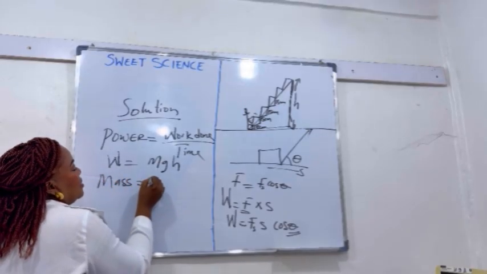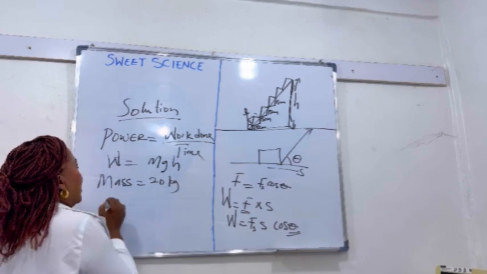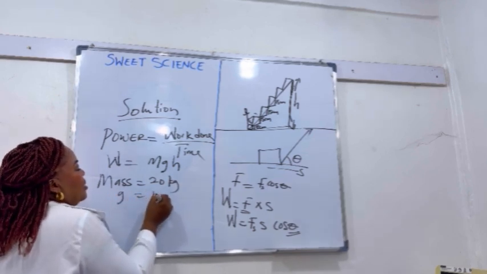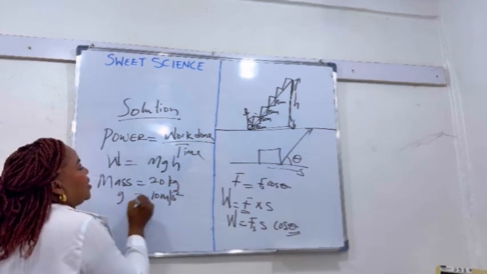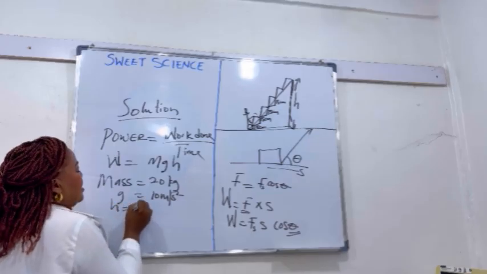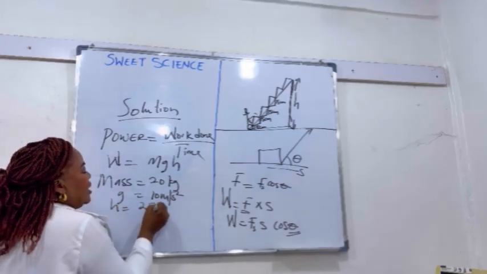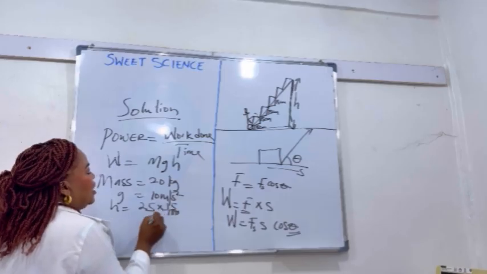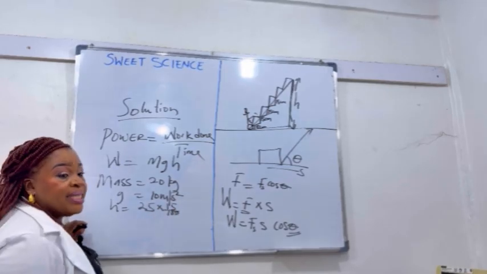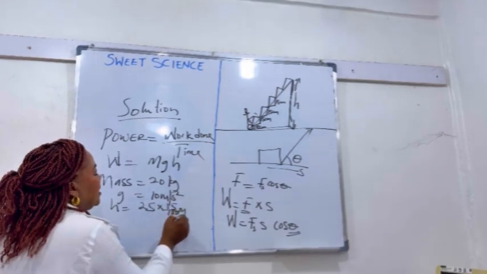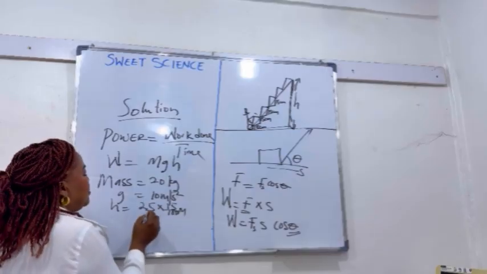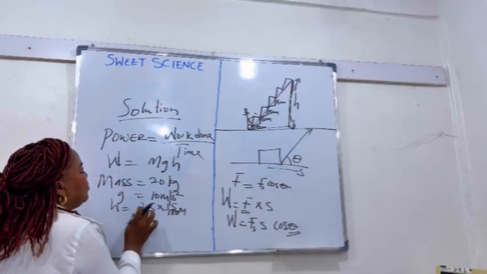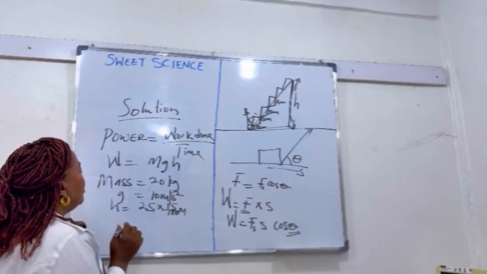The girl's mass is 20 kilogram, and then g is 10 meter per second squared. And then the height is 25 times 15 all over 100. We have to change 15 centimeter to meters, so it's now in meters. All right, so we have 25 times 15 over 100.